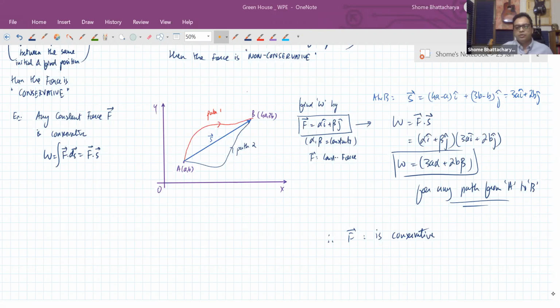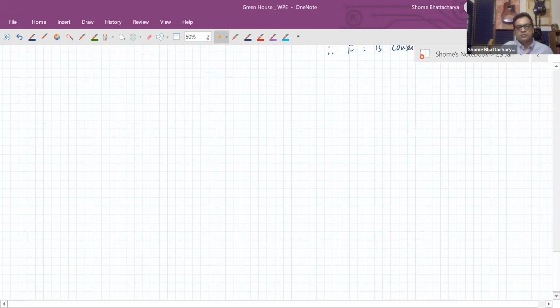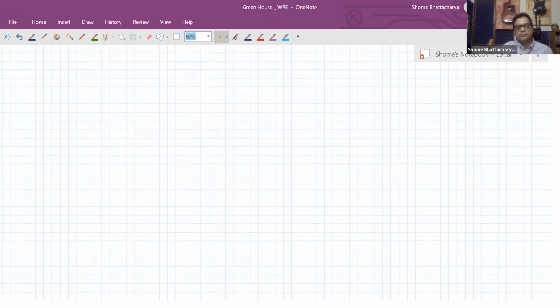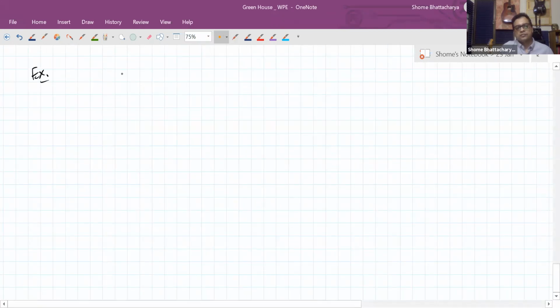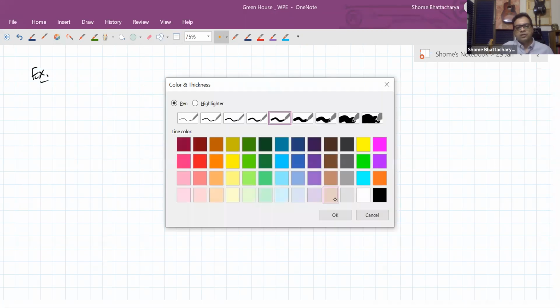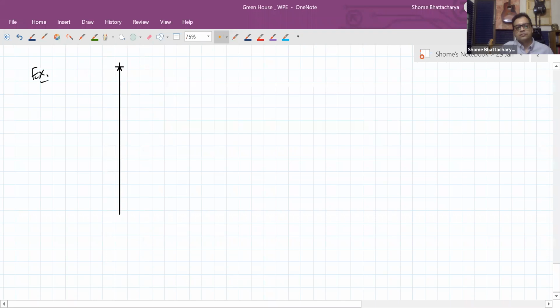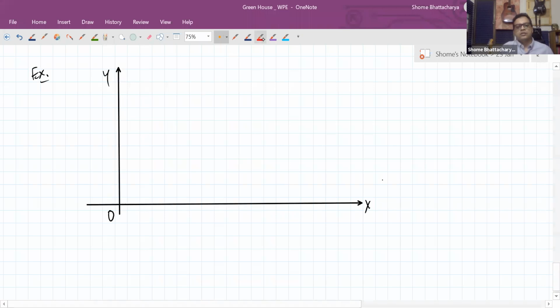Now let's look at a more interesting example. Again we are talking about the xy plane only. Let's say this point has some coordinates, let's say 5,4.